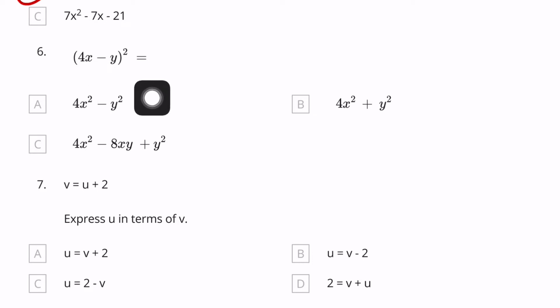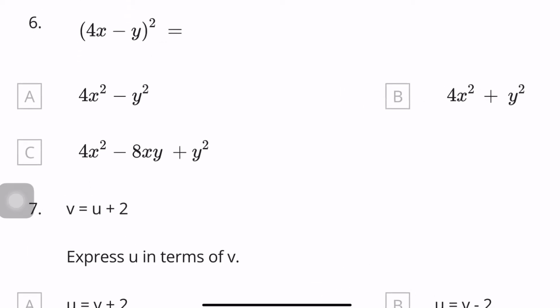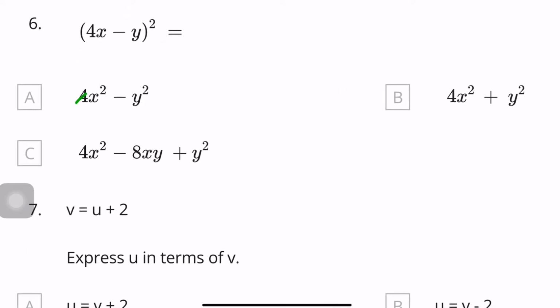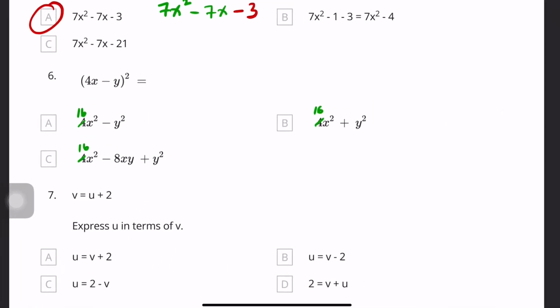Over here we have an expression that you need to expand by power of 2. Before that, there is a correction in the options of your answer. This 4 we change into 16. So (4x minus y) squared is actually 4x minus y times the same bracket.